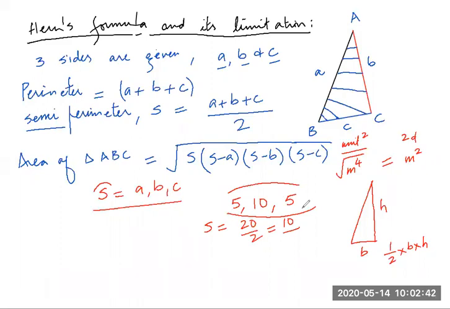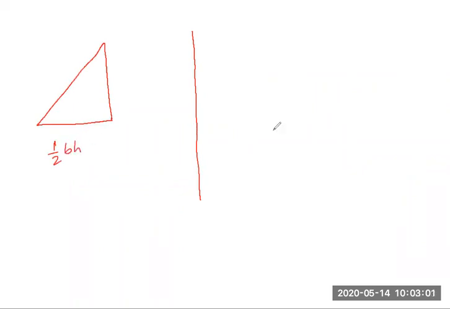Now let's check the validity of Heron's formula and the similarity of both these formulas. One formula is half into base into height. The other formula we know very well, Heron's formula.